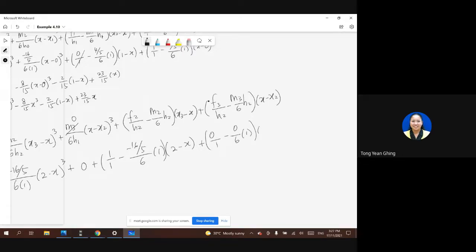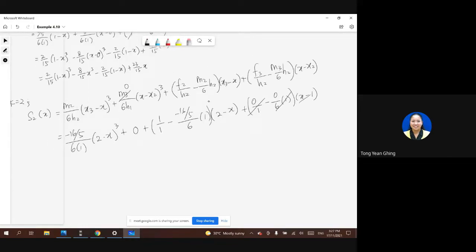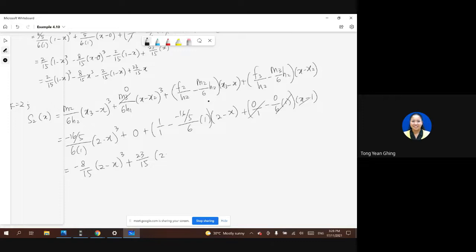This one is x minus 1. So this part is already zero. So it becomes negative 8 over 15 (2 minus x) to the power of 3 plus 1 minus 23 over 15 as well, so 2 over x.